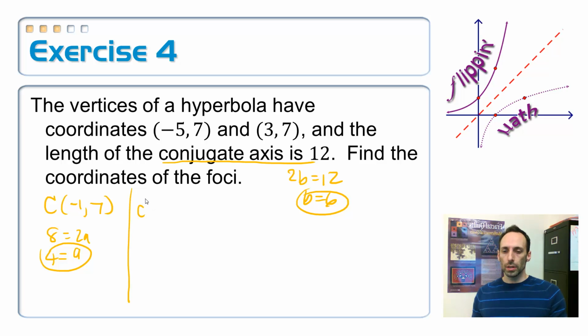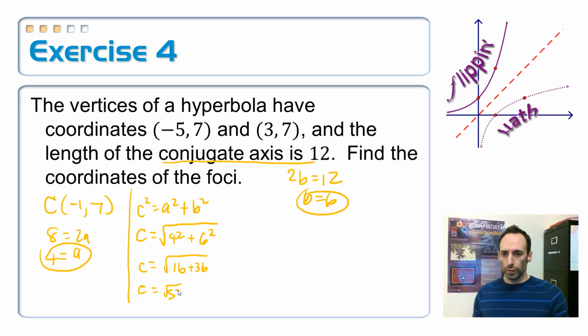So c squared is equal to a squared plus b squared, which means c is equal to the square root of 4 squared plus 6 squared, which is the square root of 16 plus 36, which is 52.